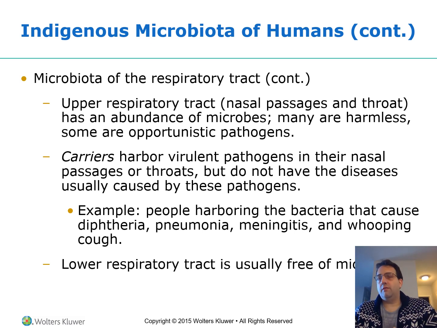But if it's not already recognizing these diseases, it won't kill them off. The lower respiratory tract should be free of microbes. Most of the time when it becomes infected, it's things that were actually infecting the upper respiratory tract.